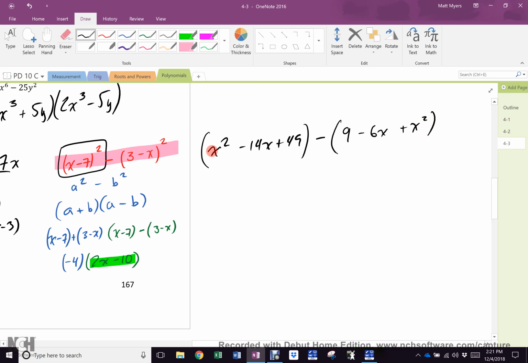Okay. X squared minus x squared, what do I get? Nothing. Gone. Negative 14 minus 6, negative 8. Negative 8x. 49 minus 9, 40. Take out a negative 4. 2x minus 10.